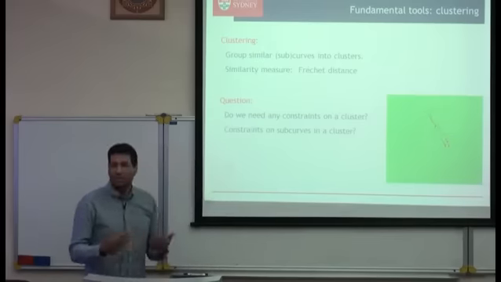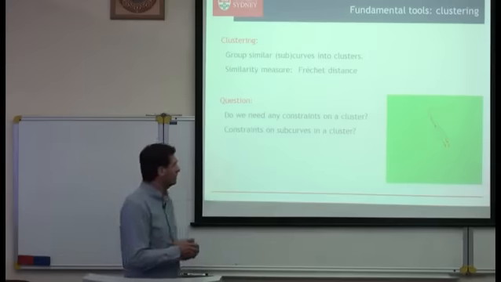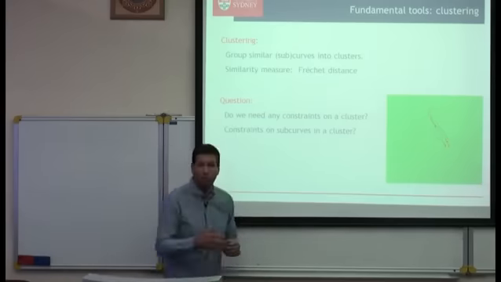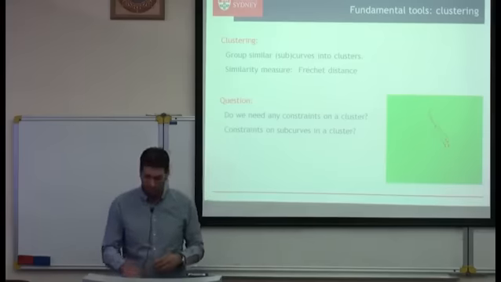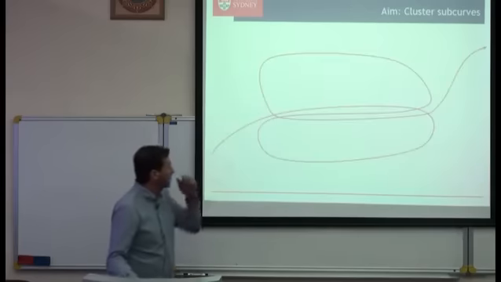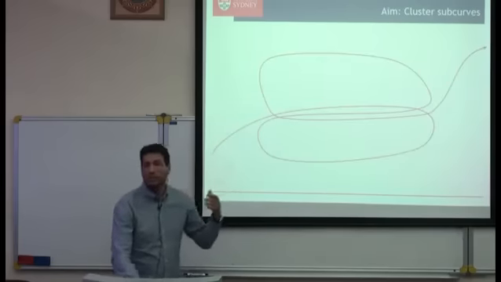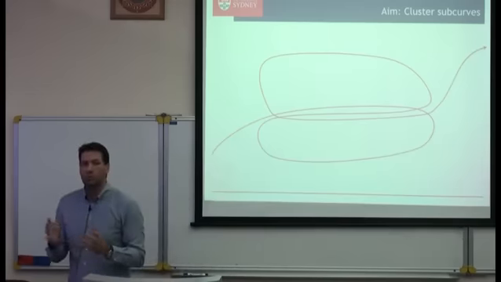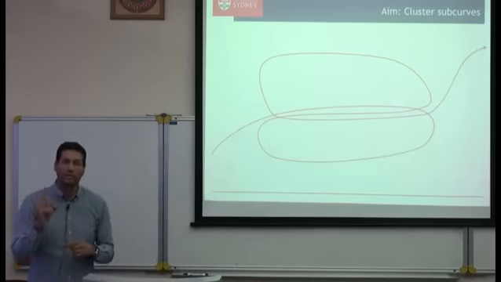So do we need any additional constraints on the clusters, or on the curves in the cluster? Just to see, what I'm going to do is look at subcurves or sub-trajectories of one single trajectory.